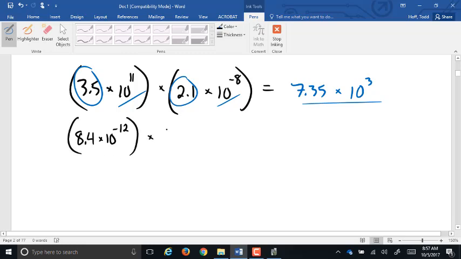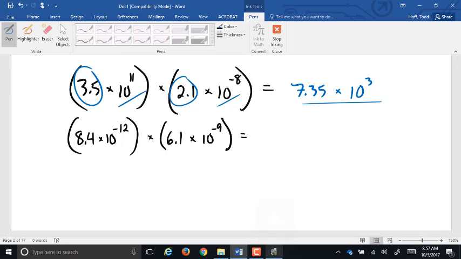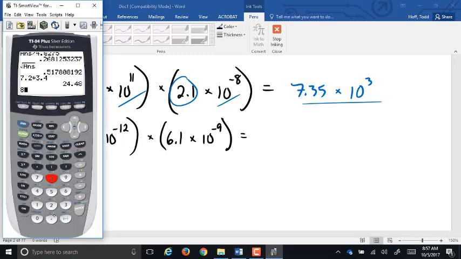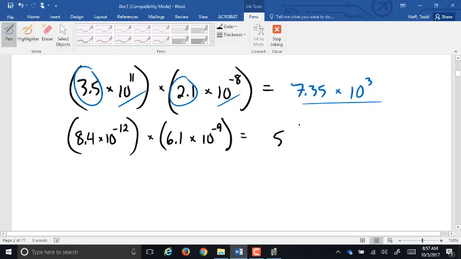8.4 times 10 to the negative 12th times 6.1 times 10 to the negative 9th. So 8.4 times 6.1 gives us 51.24.